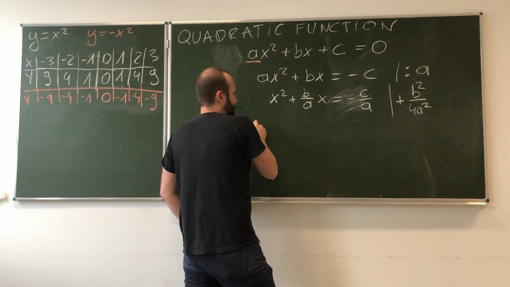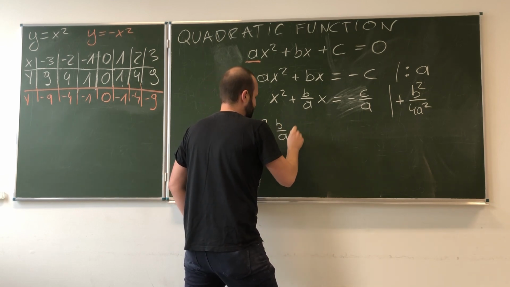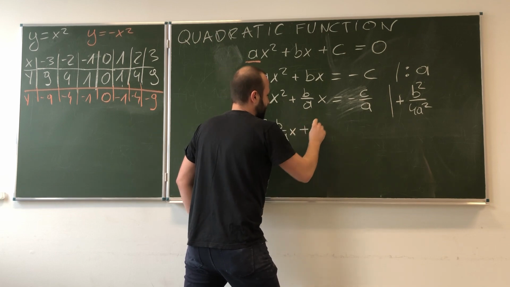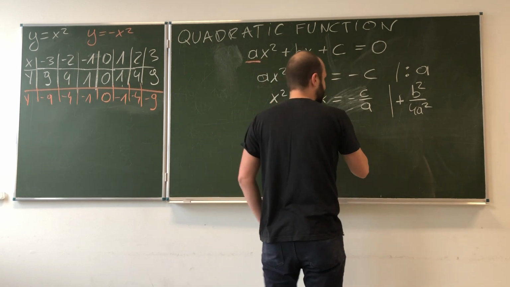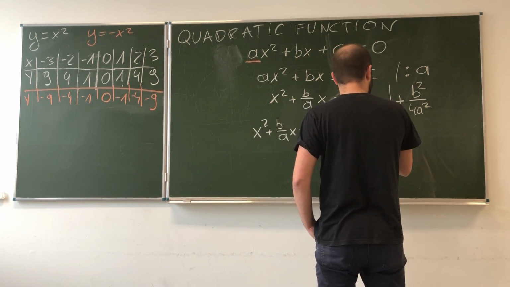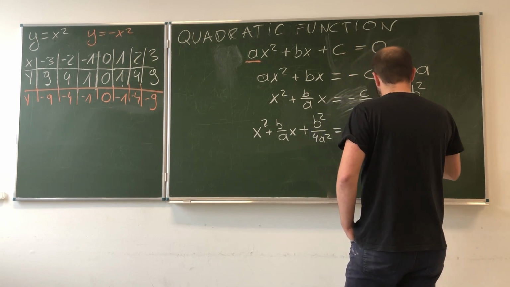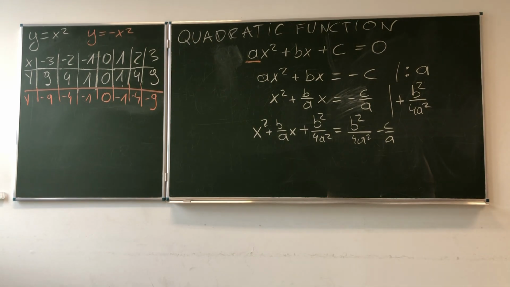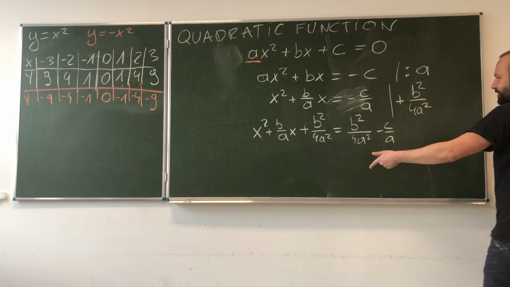So I've got x squared plus b over a x plus b squared over 4a squared, and it's equal to b squared over 4a squared minus c over a. Okay, so what to do with this now? Okay, first, actually, let's deal with this side of the equation.